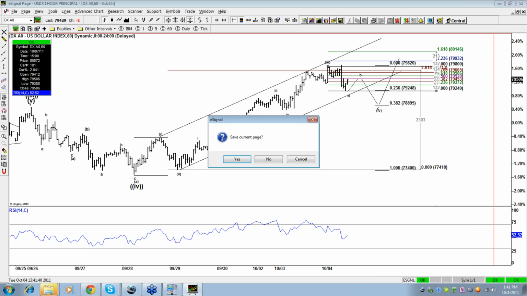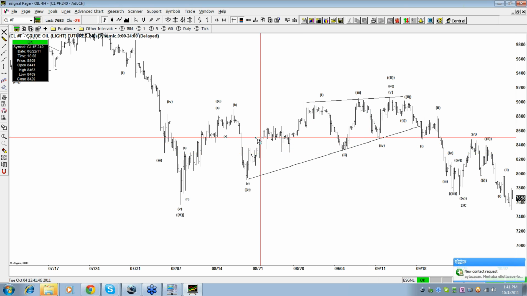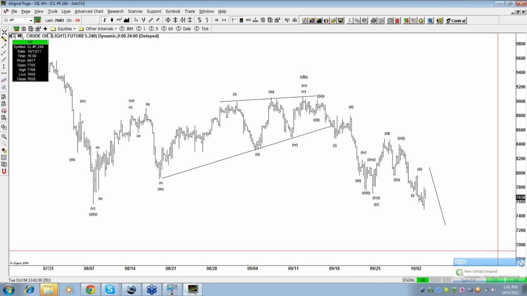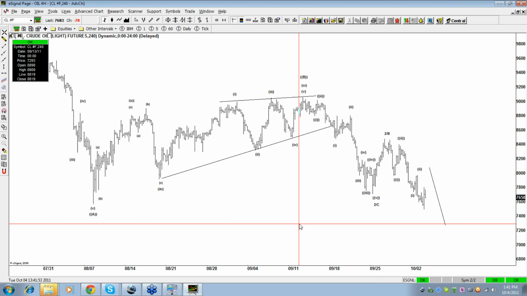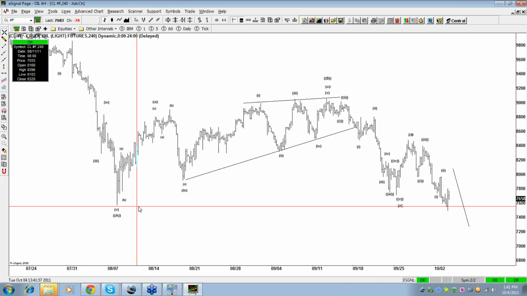Another thing that I want to point out is oil. Oil finally met the object that we were mentioning, that it needs to trade below this low. It finally did.